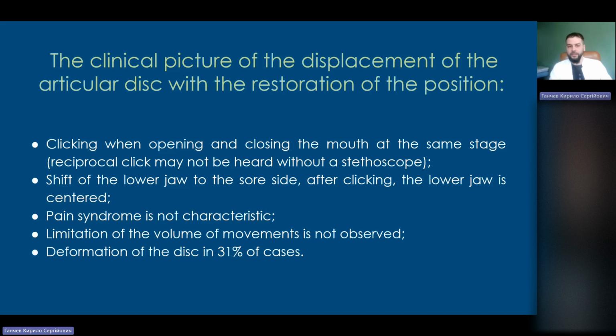Clicking when opening and closing the mouth at the same stage. And those patients really will come to your office, and you have to know what you can do or cannot do, or at least send them to someone who knows what to do.